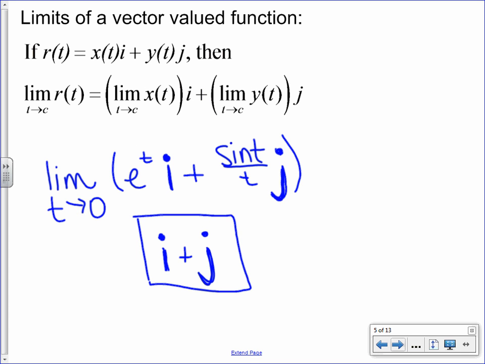Because the limit as t approaches 0 of sine of t over t is one of those special limits that we talked about. Okay, cool. But the more we learn, now we know why it equals 1. Right now we have L'Hopital's rule to make that easier, so if you forget, you have something to fall back on, right? Okay.